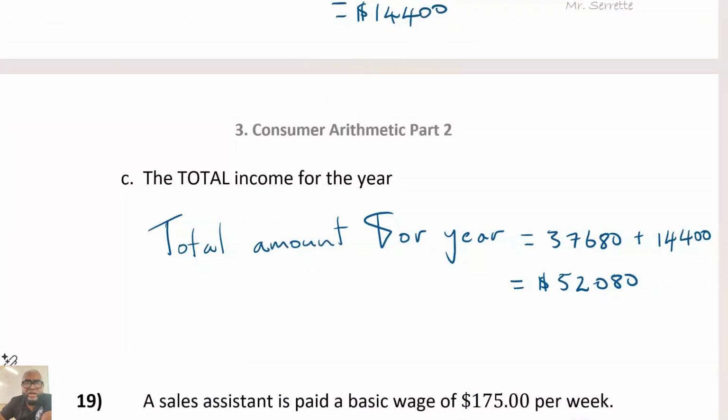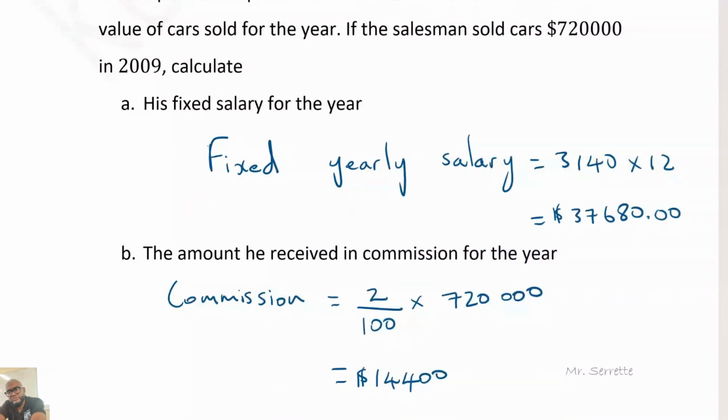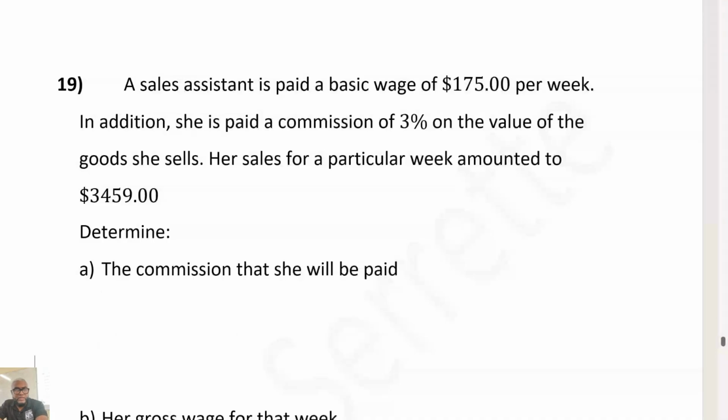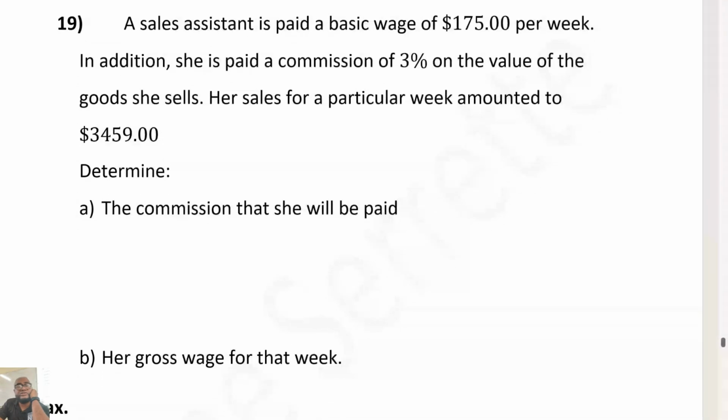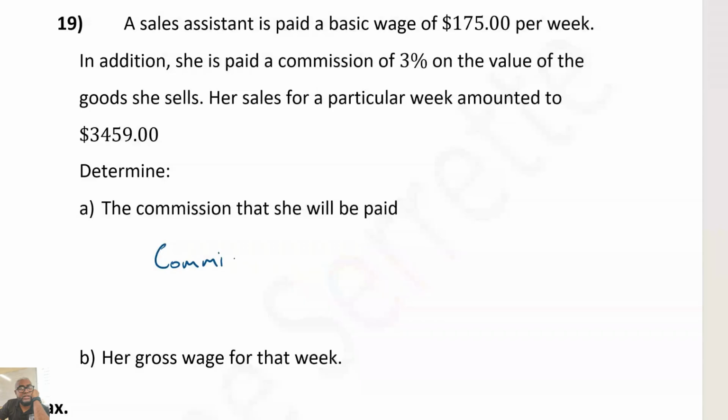Right? So I'm scrolling up for you all to write. Right. So the commission, this is number 19. Commission that she will be paid is equal to 3 over 100 multiplied by 175.